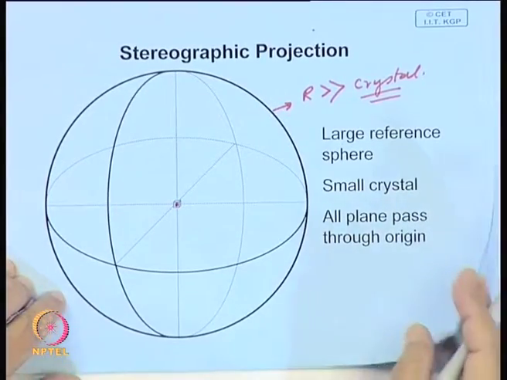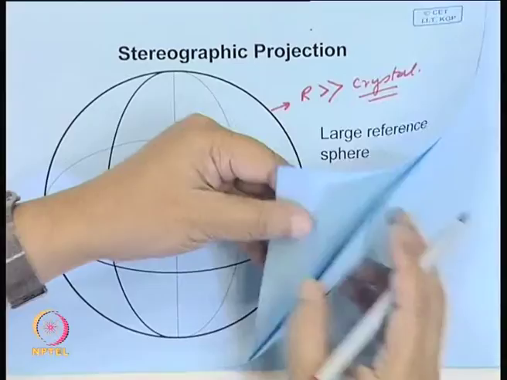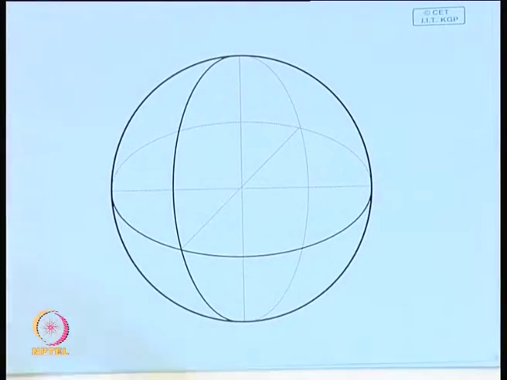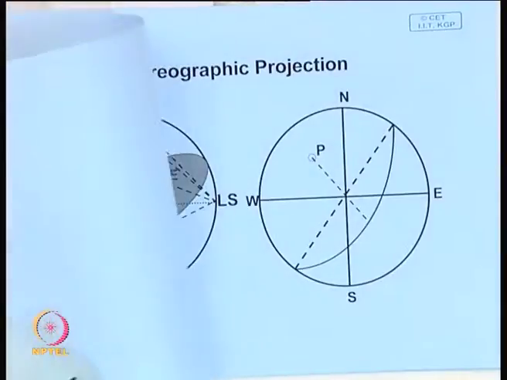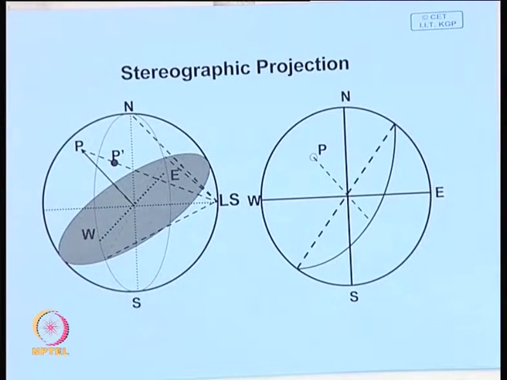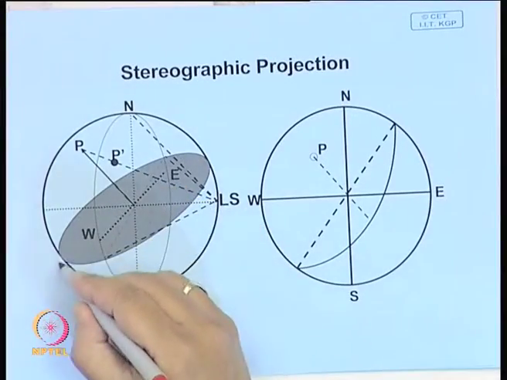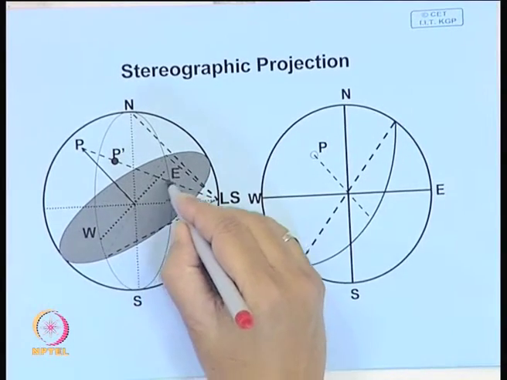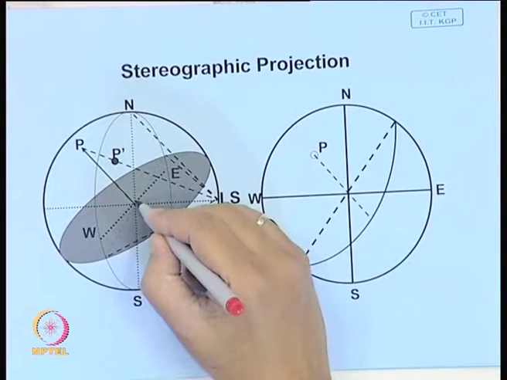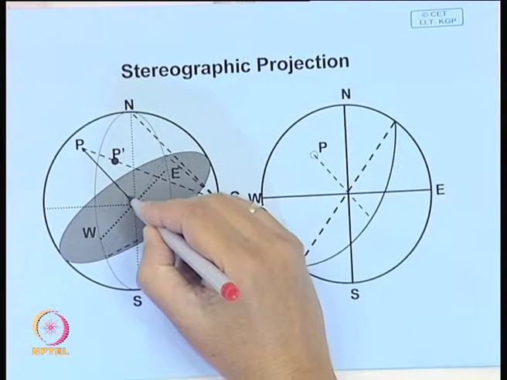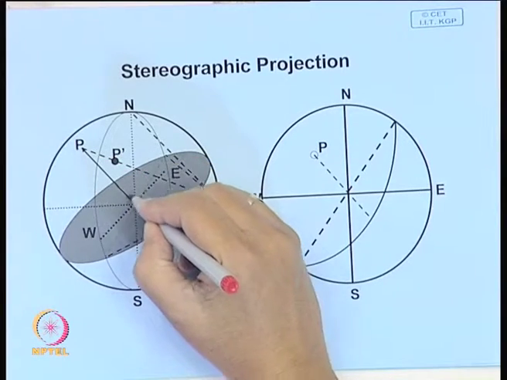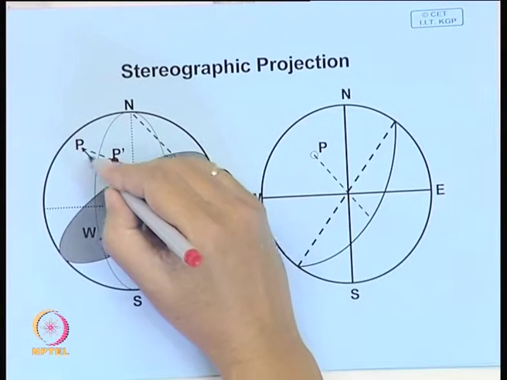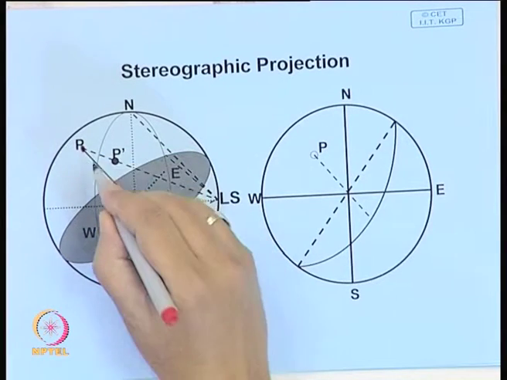And now, what you do is you look at a particular plane in the crystal. This plane, as I said, will pass through the origin, and now you draw a line which is perpendicular to this plane and extend it to intersect this reference sphere.